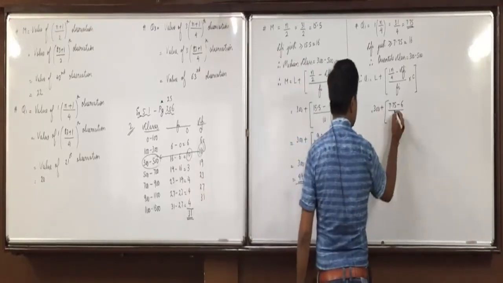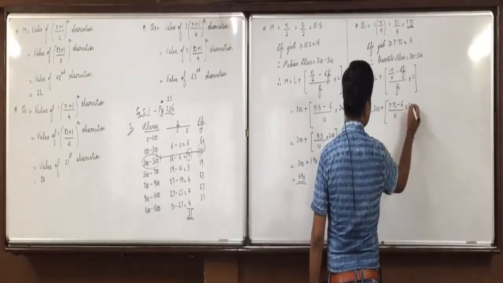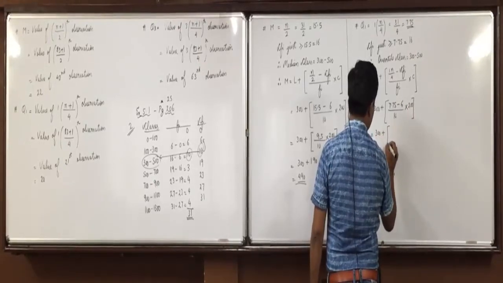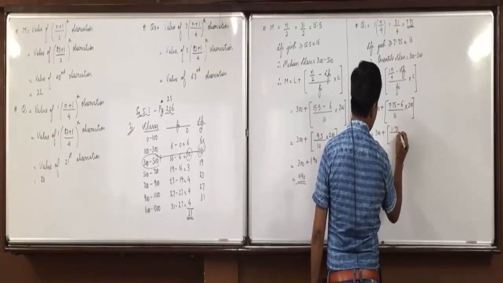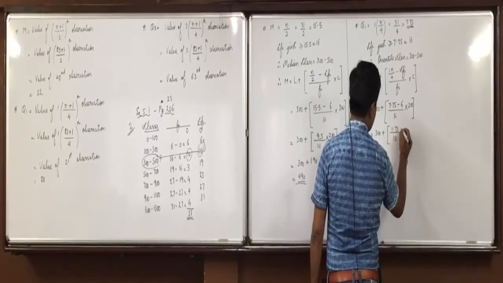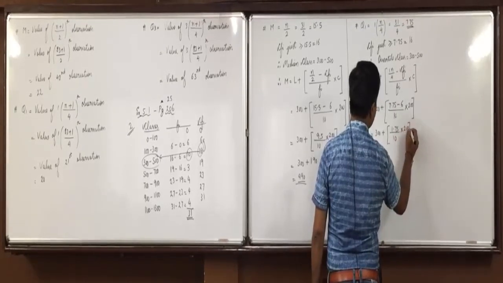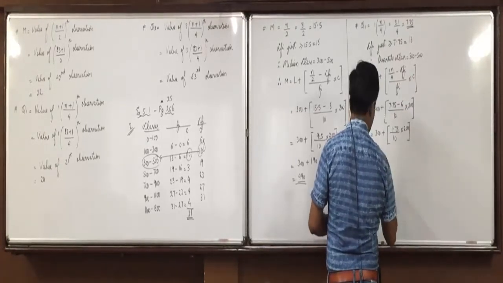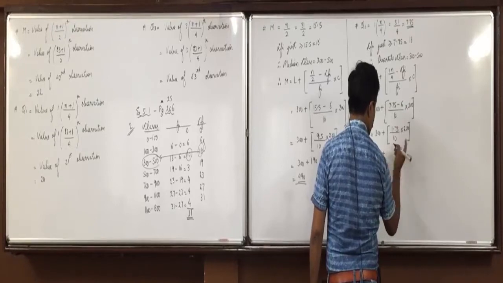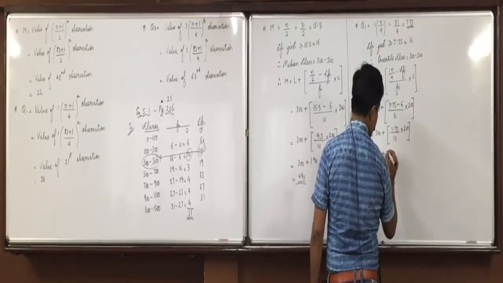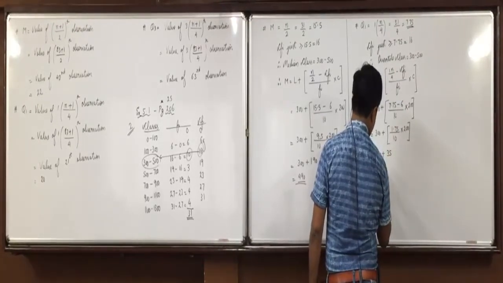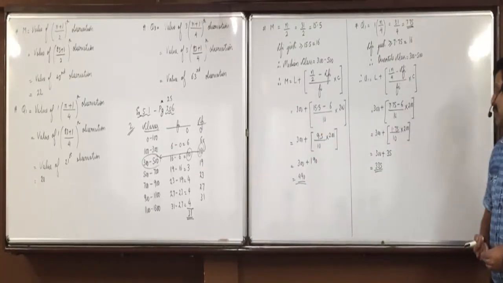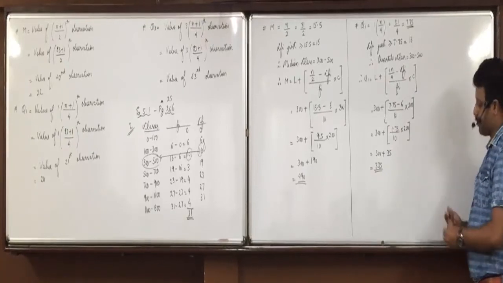Fi of same class is 10 and class length is 200. So 300 plus 1.75 upon 10 into 200, 35. 300 plus 35, 335. Okay, 1.75 into 200 divided by 10 is 35.